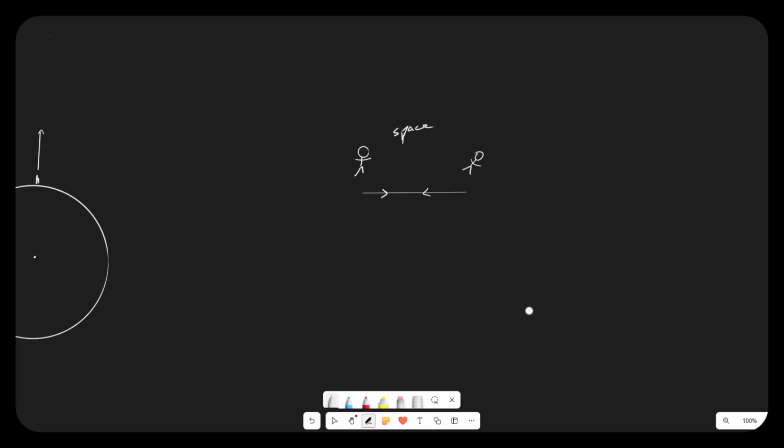We might also have one planet, another planet, and a spaceship that's traveling from one planet to the other. These are all interplanetary travel situations where we might use this larger scale gravity. I will give you some examples of how to actually do problems with this. For right now, this is the idea.